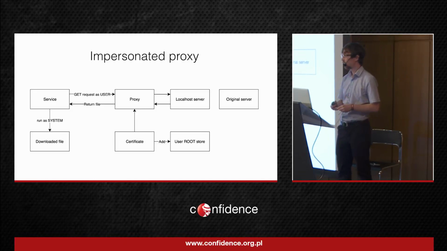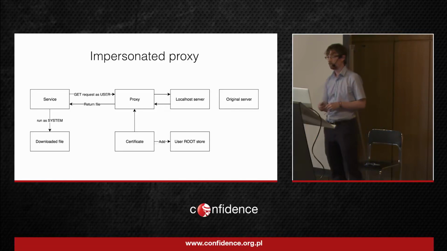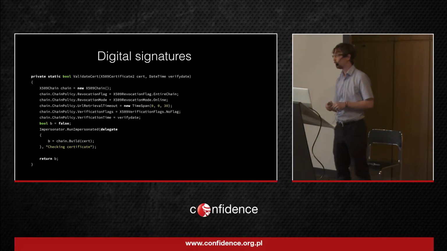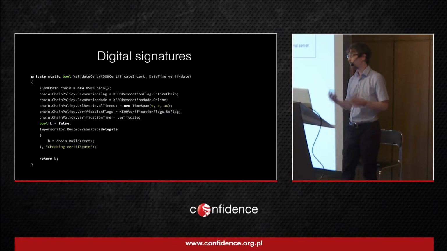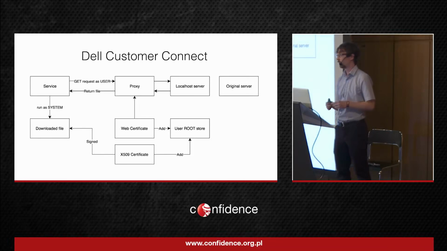So that's the way we can forge the binary. In this example, they also check the digital signature of the file before execution. But as you can see here, again, they are running this check in the impersonation state. So the final exploitation looks like this. We need to create two certificates.